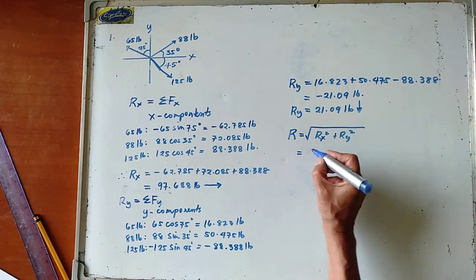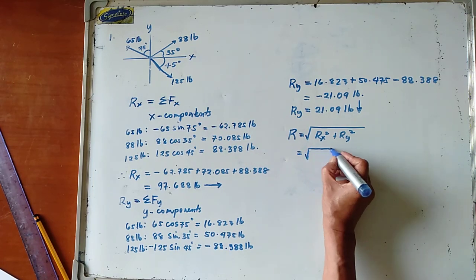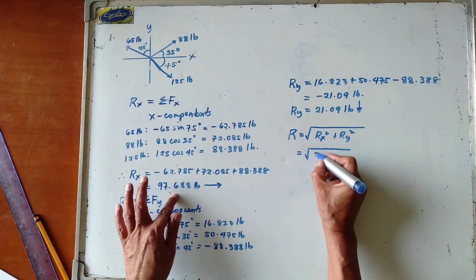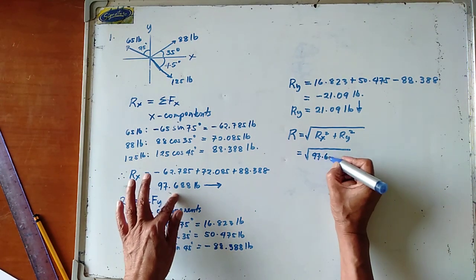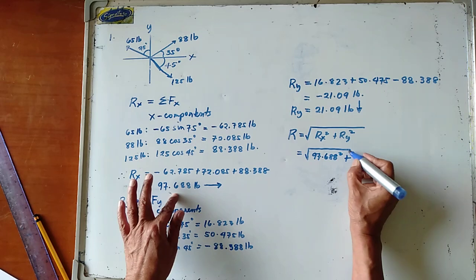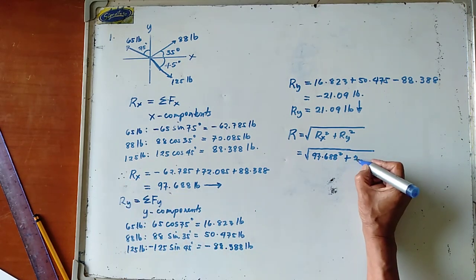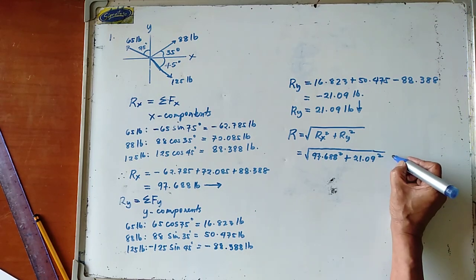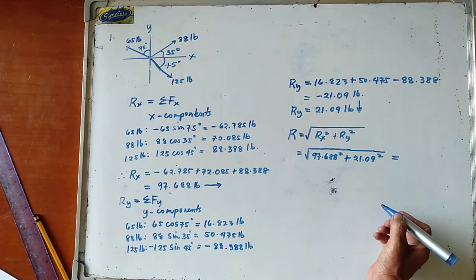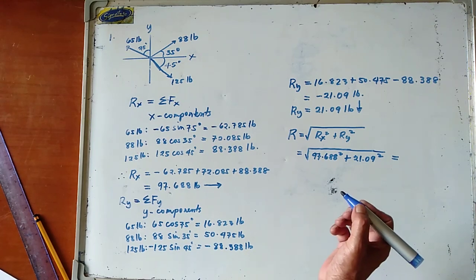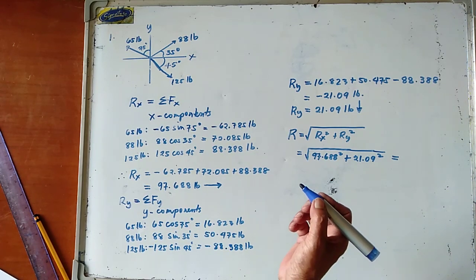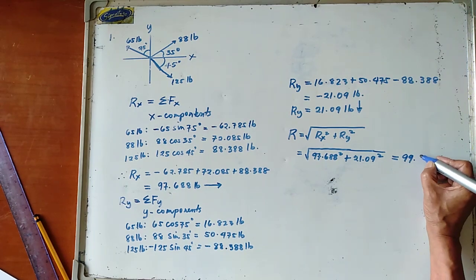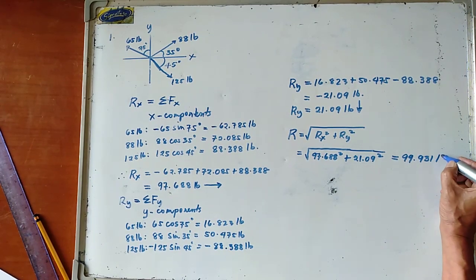And this is equal to the square root of 97.688 squared plus 21.09 squared. So this is equal to 99.931 pounds.